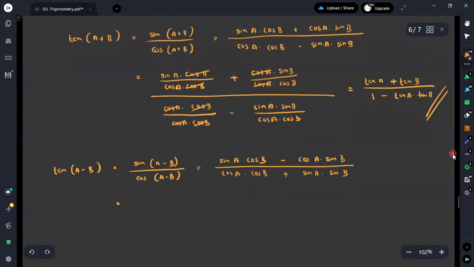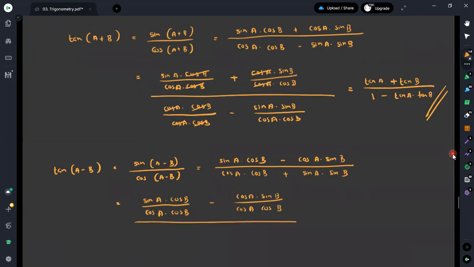Then we can take the division separately. It is sine A times cosine B divided by cosine A into cosine B, minus cosine A into sine B divided by cosine A into cosine B. The entire part is divided by cosine A times cosine B.